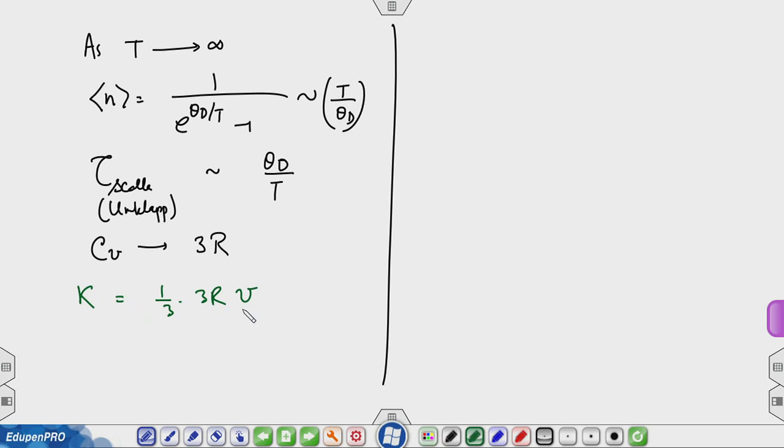It need not be V sound, because now we are exciting K's which are way above the linear regime, but more important thing is that you are going to have a tau which is theta d by T, times V square. So, kappa is going to go as 1 over T.